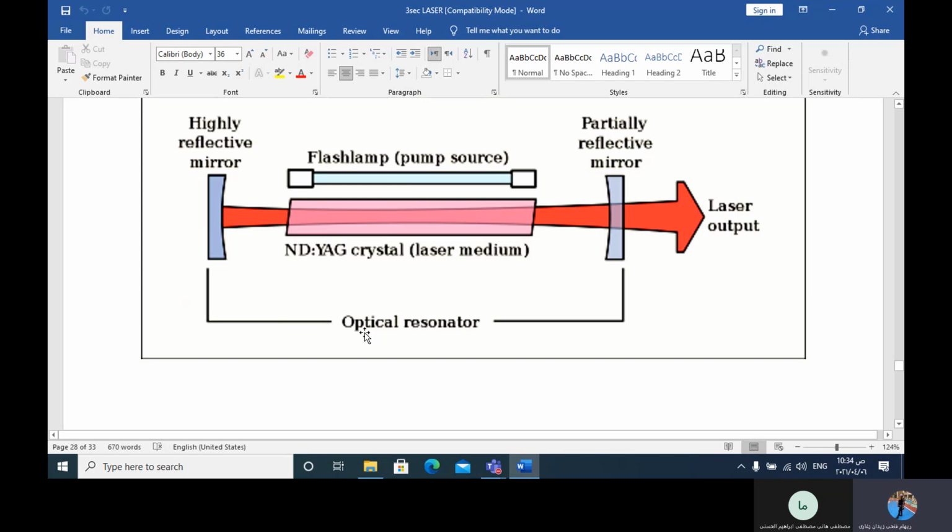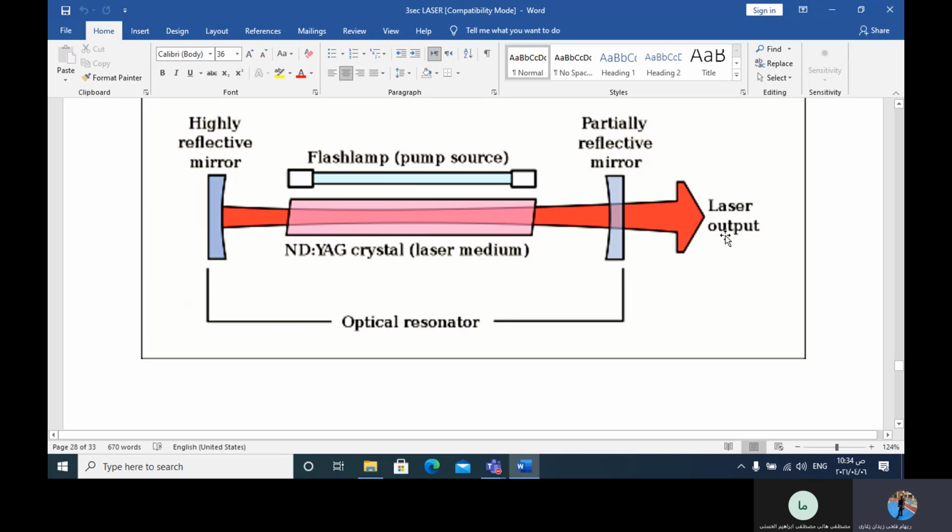And here we have the optical resonator. The optical resonator is the resonant cavity, which is the same thing. It allows the photons to reflect between the two mirrors. Some of these photons will leak out, and these leaked out photons will form the laser output.